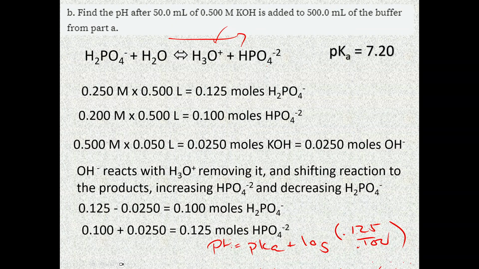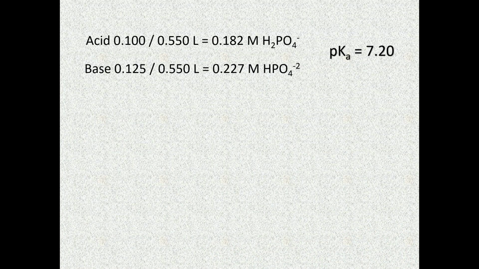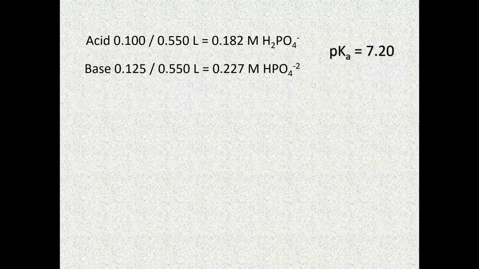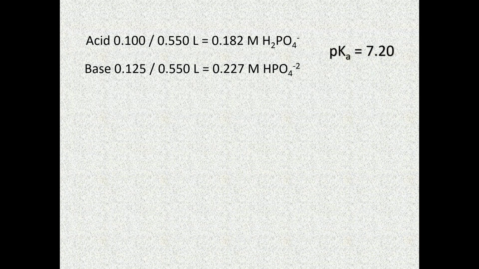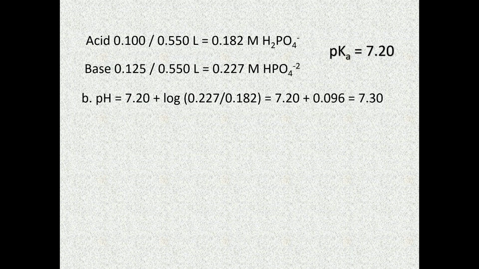I didn't necessarily have to change the volume, because the volume is the same for both of them. I divided both of them by 0.55 liters, and those are going to cancel out. So I could have taken the straight moles here, but I went ahead and calculated the molarities. And then the pH would be the log of the base over the acid.